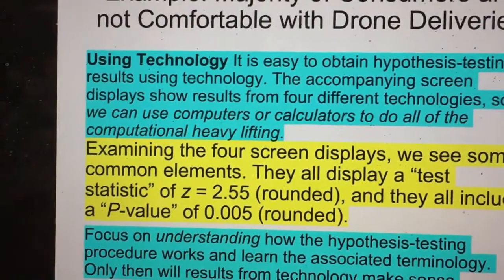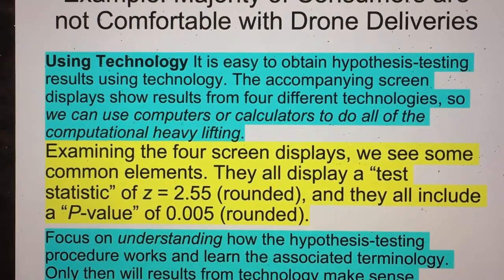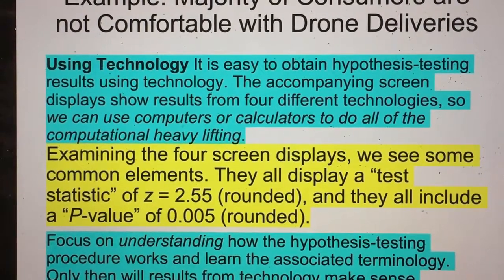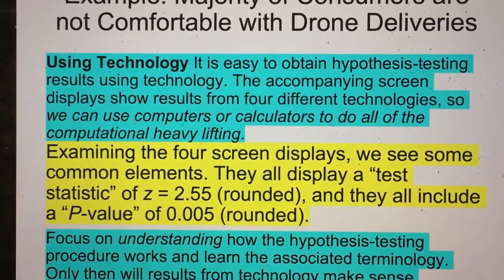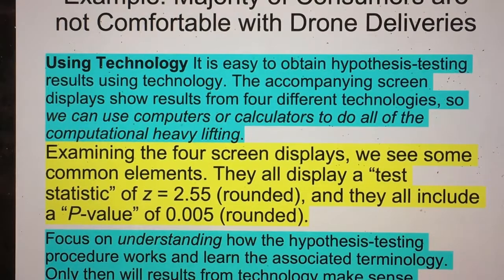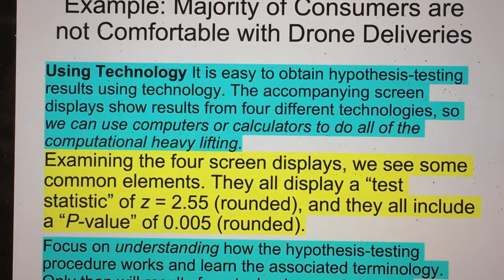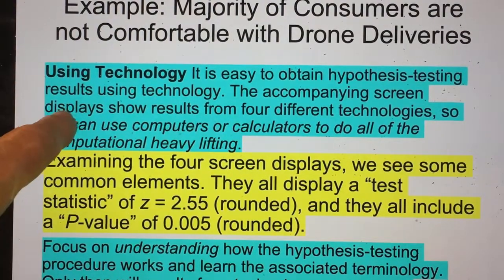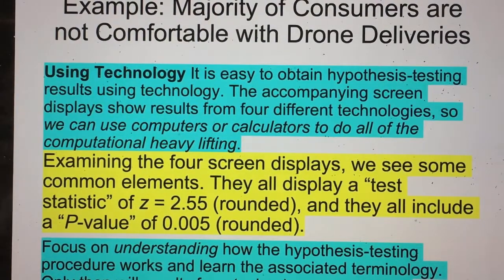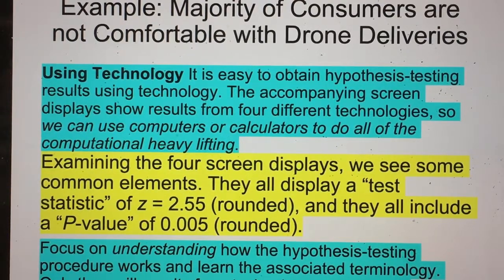Okay, so here we're going to talk about using technology. It is easy to obtain hypothesis testing results using technology. And we're going to see this more as we go into each one of the different types. Remember, this first section is a big overview of hypothesis testing, and we're going to get more nitty-gritty as we go along. The accompanying screen that I'm about to turn to displays results from 4 different technologies, so we can use computers or calculators to do all of the heavy computational lifting.